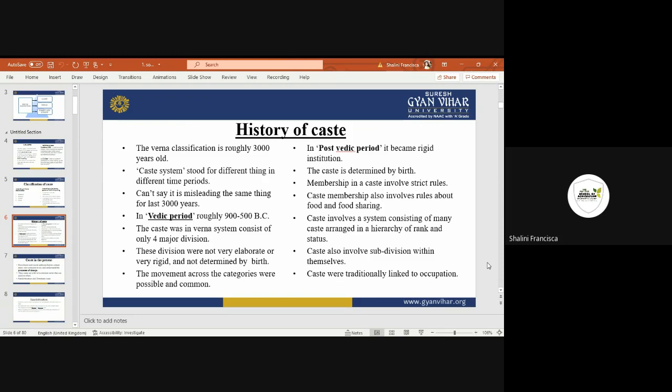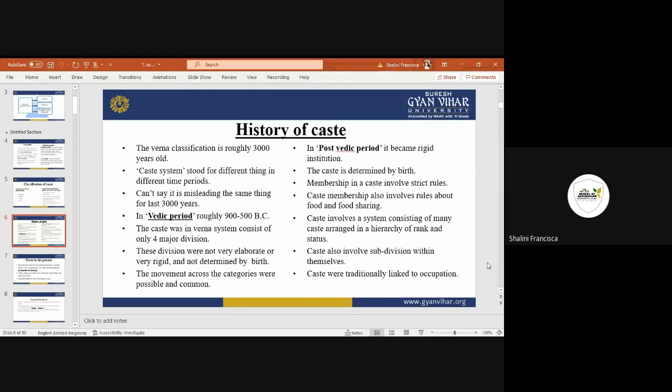It wasn't like before the Vedic period, when it was fixed, only four divisions. But in the post Vedic period, one particular division started to have subdivisions, and in subdivisions also they have many subdivisions. So caste was traditionally linked to the occupation.